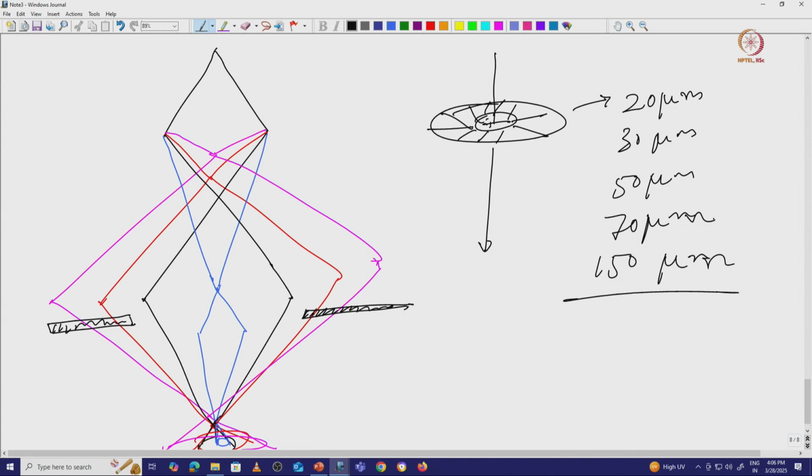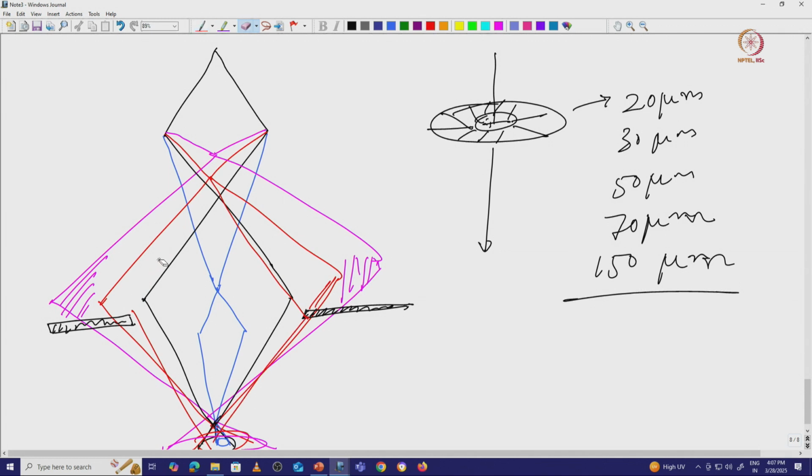Now when you are using this diameter, what is going to happen? If you look at this pink, many rays are coming, right, and all these pink rays are blocked here. Some of the red rays are also blocked. In this particular case, consider the red: this is the ray coming here, and this is the ray coming here, and then they will merge and give us an image here.